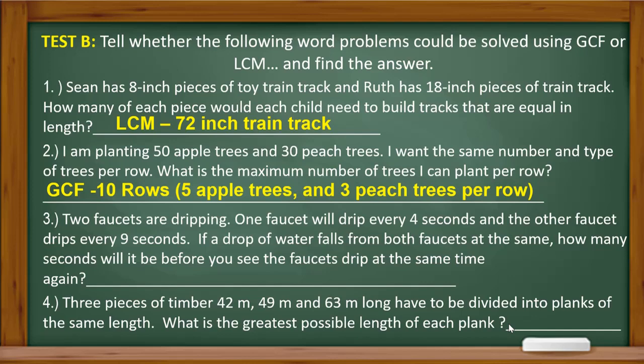There are 5 apple trees and 3 peach trees per row. For number 3, we could solve it using LCM. And the answer is every 36 seconds. And for the last one, we could answer it using GCF. And the answer would be 7 meters.